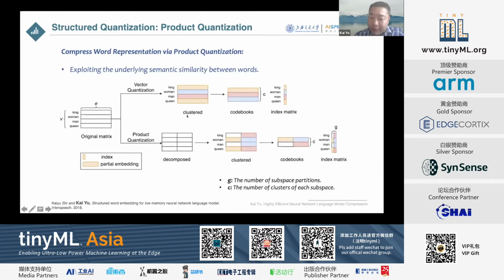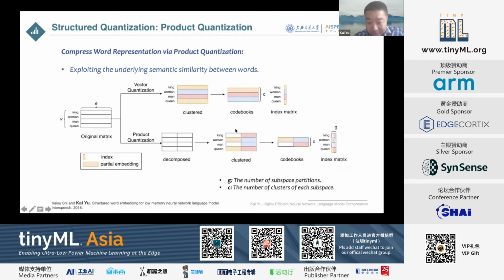What we think is more efficient is the so-called product quantization. We split the embedding dimension into multiple groups, for example, 2 or maybe 3 to 4. This is a subspace partition.